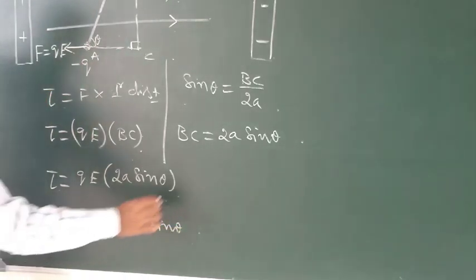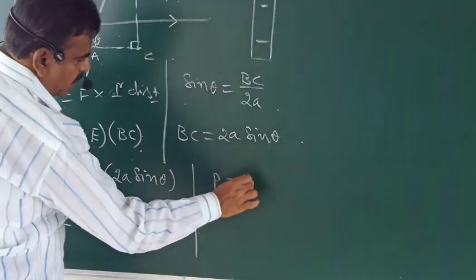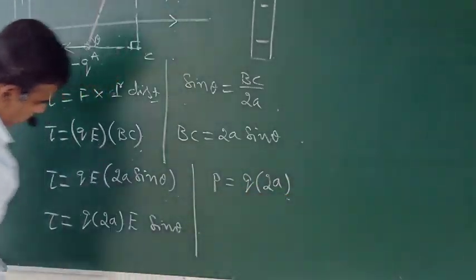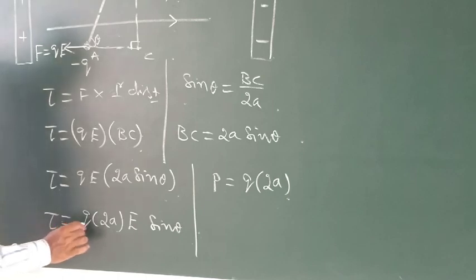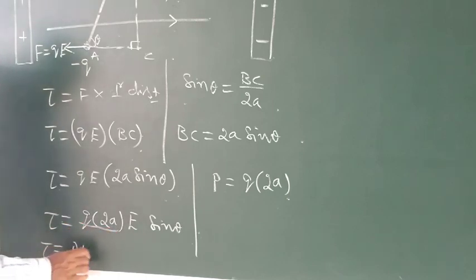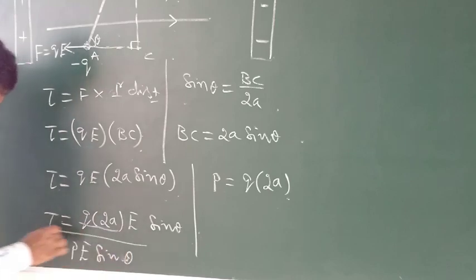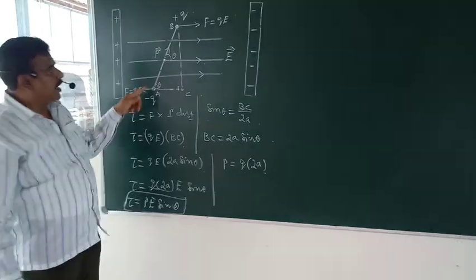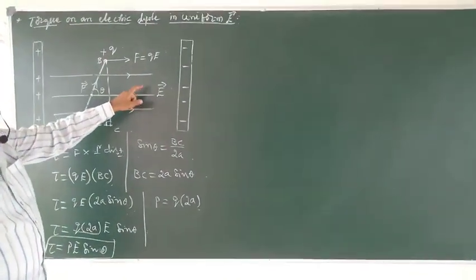So q into distance between the charges can be written as dipole moment. Already we know that. Therefore, torque on the electric dipole is given by pE sin theta. This is the expression for the torque acting on an electric dipole placed in the uniform electric field.